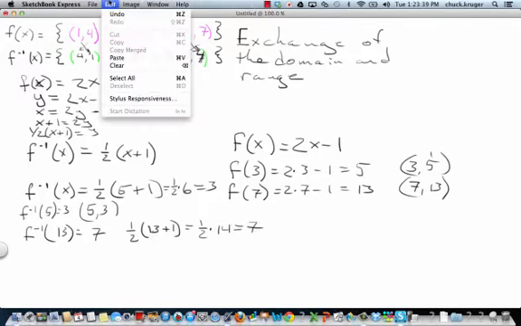Another way I can check an inverse is on the next page of the notes. Excuse me, I'm going to graph both of those. F of x equals 2x minus 1, I believe, and the inverse of x was 1/2 times parentheses x plus 1.